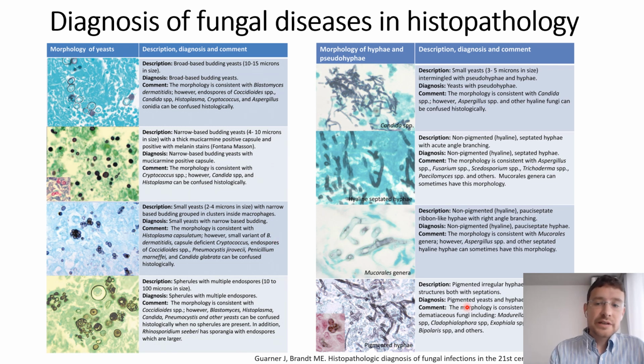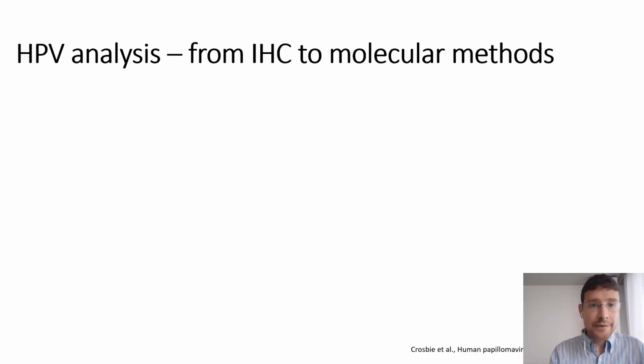Basically, as you can see in this nice paper published some years ago, but still important, we control the dimension of the fungi and also the morphology. Combining these two aspects, we are almost always able to suggest a diagnosis, but you may need to confirm this through the microbiology lab with panfungal PCR.